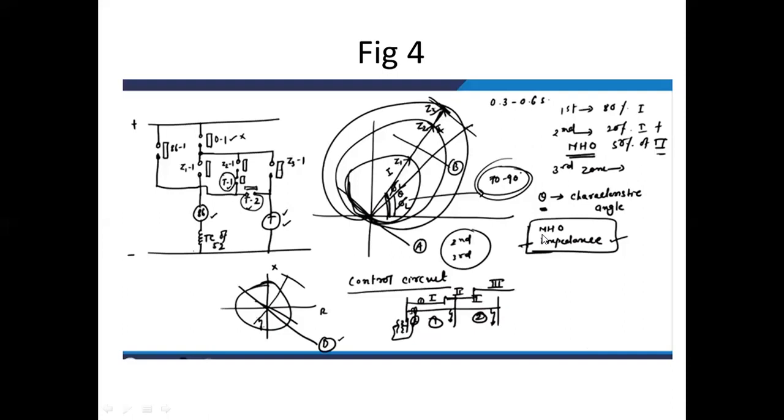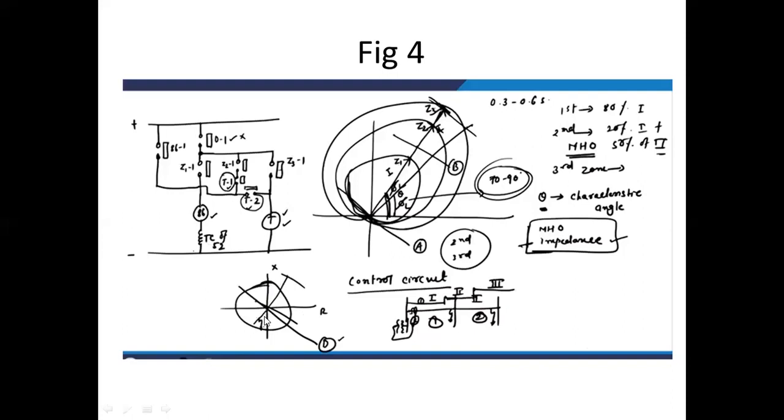If I draw the RX plane, just like the characteristic of the impedance relay, it is like this. This is the line to be protected. If any reverse fault occurs somewhere here, it is inside the characteristic.